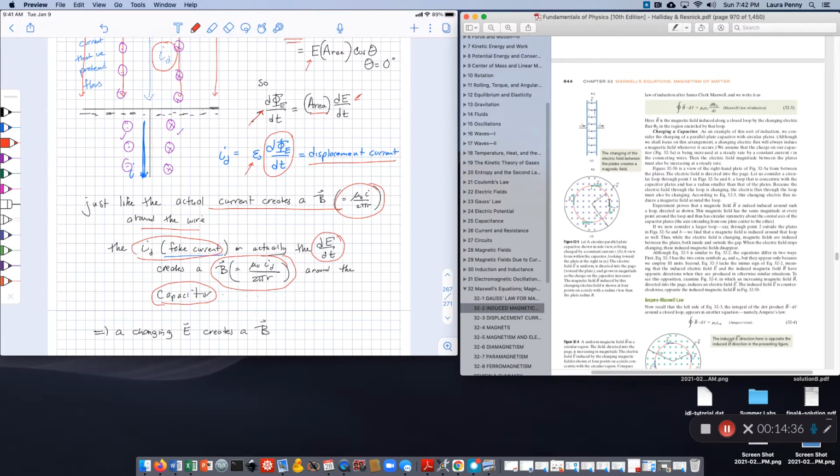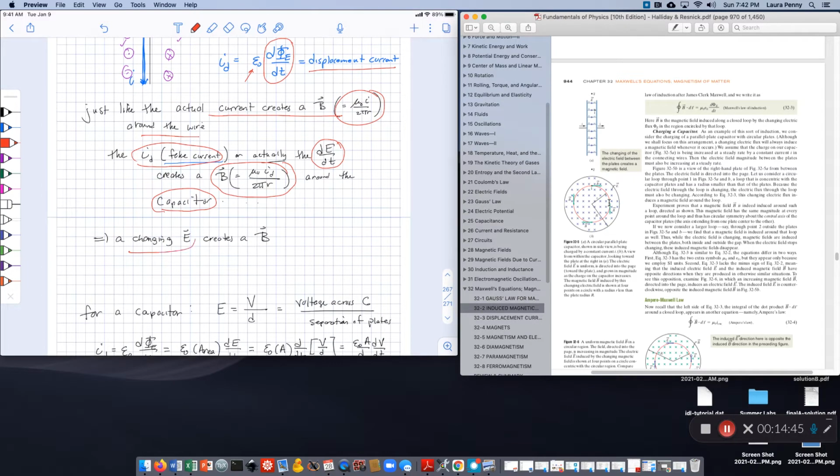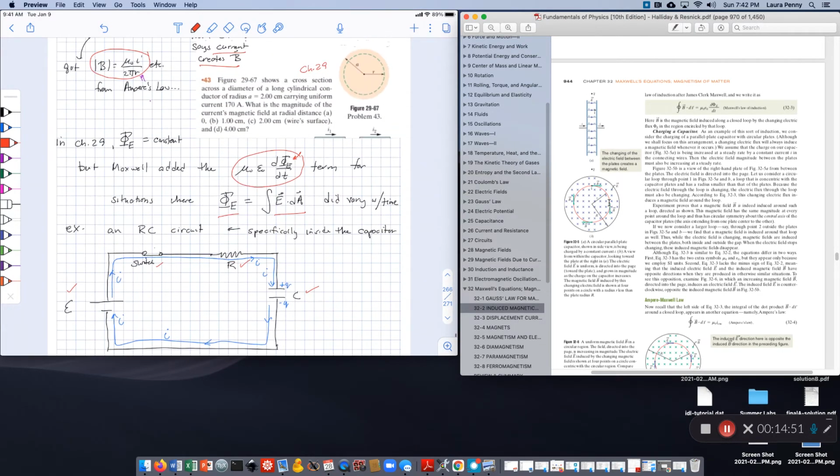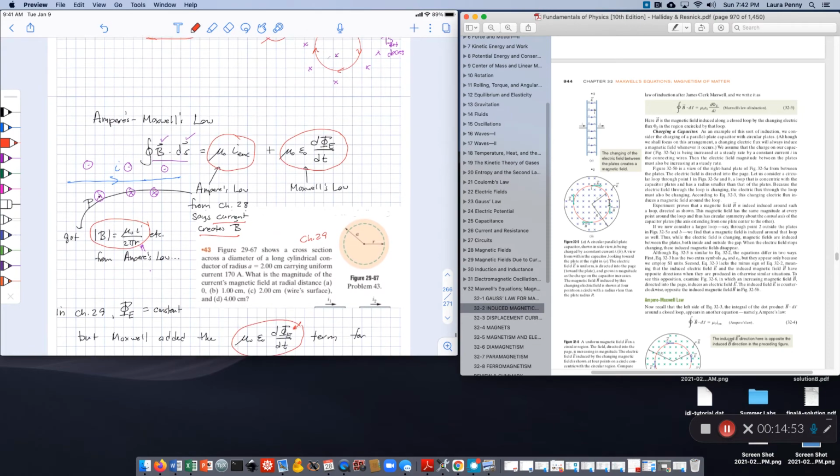You don't have to have current. You can have a changing electric field and it will produce the magnetic field. And so a changing electric field creates a magnetic field. That's what Maxwell's addition to this law says. He says that if you have a changing electric field, you'll get a magnetic field.